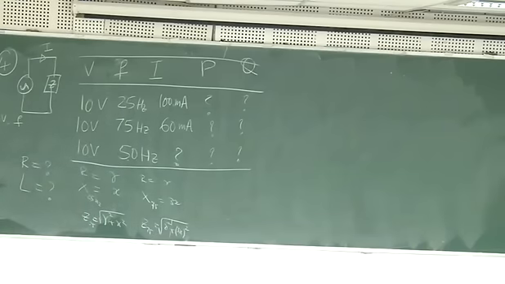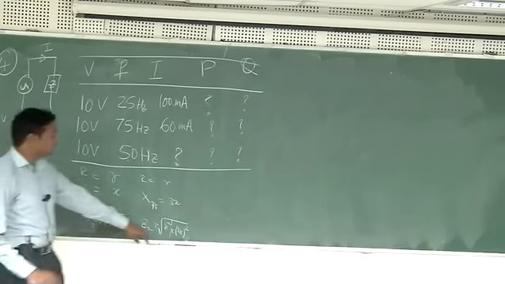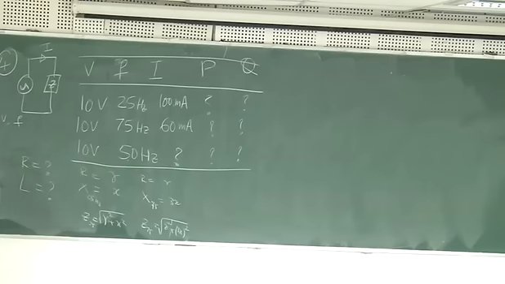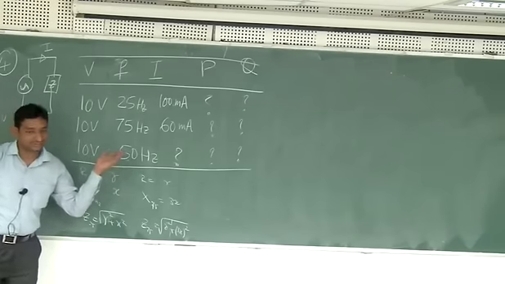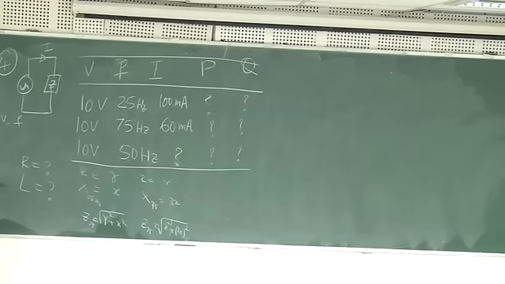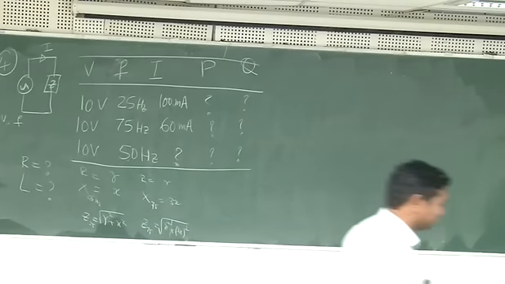So two unknowns are there and two equations are there. You can find out what is R and X. And in the case of 50 hertz, the reactance will be 2X. That is the trick in this.